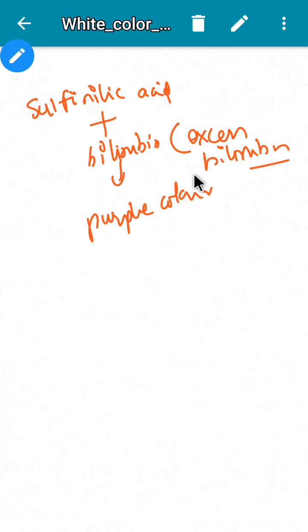One more important advantage of this reaction is that we can find which type of bilirubin is increased, whether it is conjugated or unconjugated. Let us see how. First we take serum. In this serum we don't know whether there is an increase in conjugated or unconjugated bilirubin. Now we add the Van den Bergh reagent.